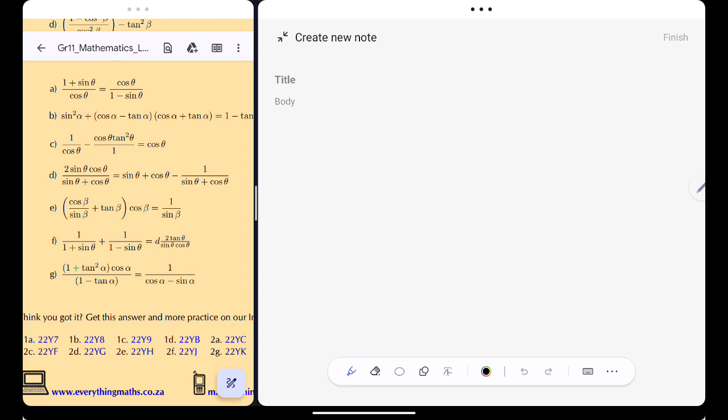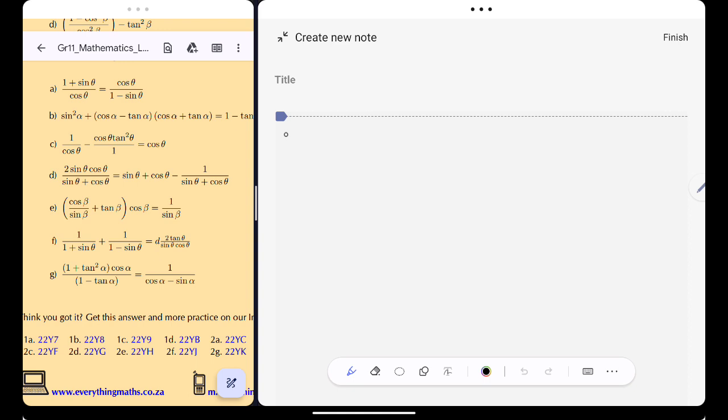Whenever I prove identities, I did highlight this on lesson number 28 and 29. There are only 3 steps in trigonometry, whether you are simplifying, proving identities, or maybe finding the general solution.